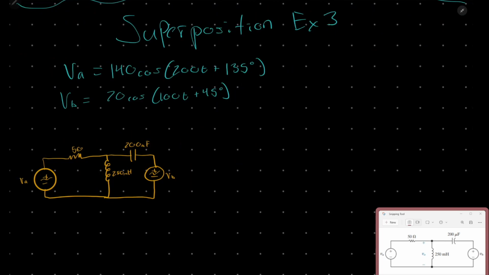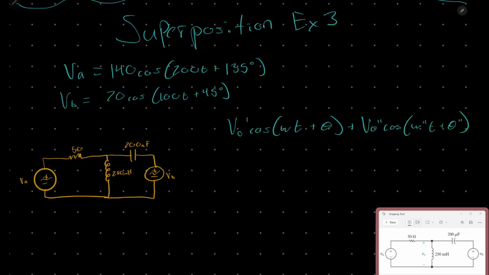So after we've solved this circuit, we would get an answer that looks something like this, with V prime cosine W prime T plus an angle prime, plus V double prime cosine W double prime T plus angle double prime.